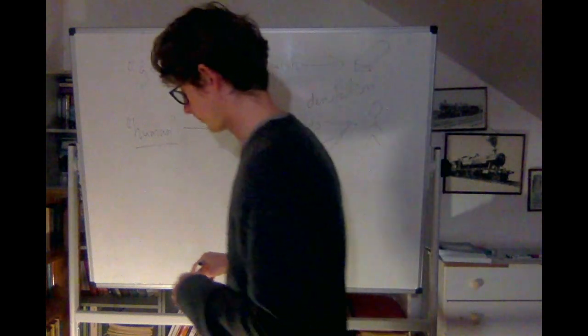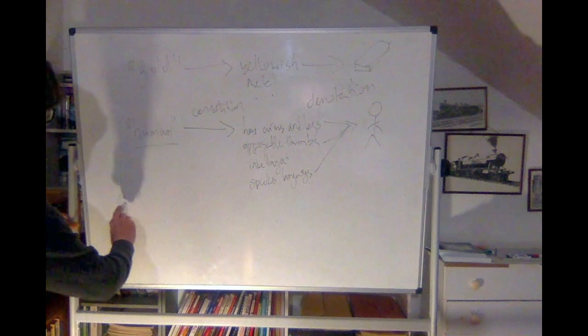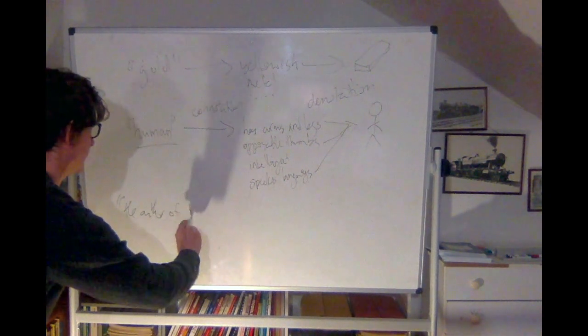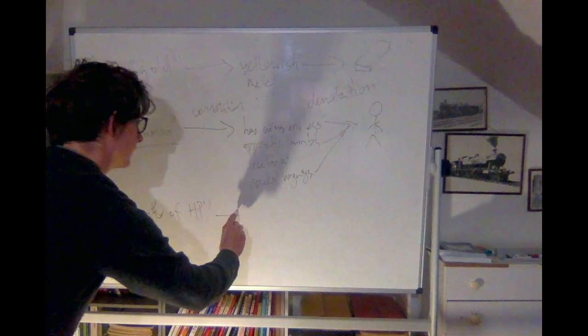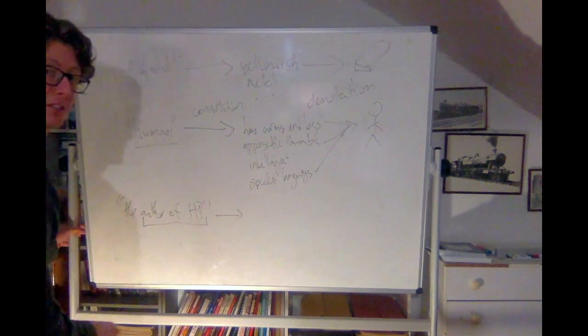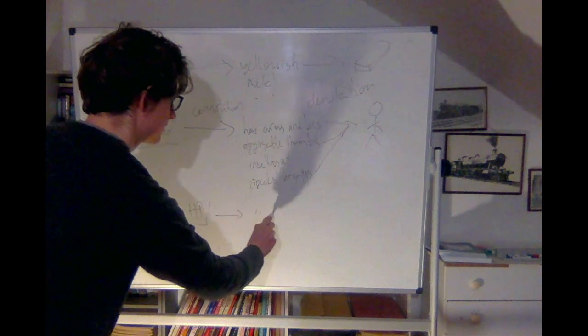So, remember our example was the author of Harry Potter. The connotation is just this bit. It's just the property in the description. So I won't write that out again.